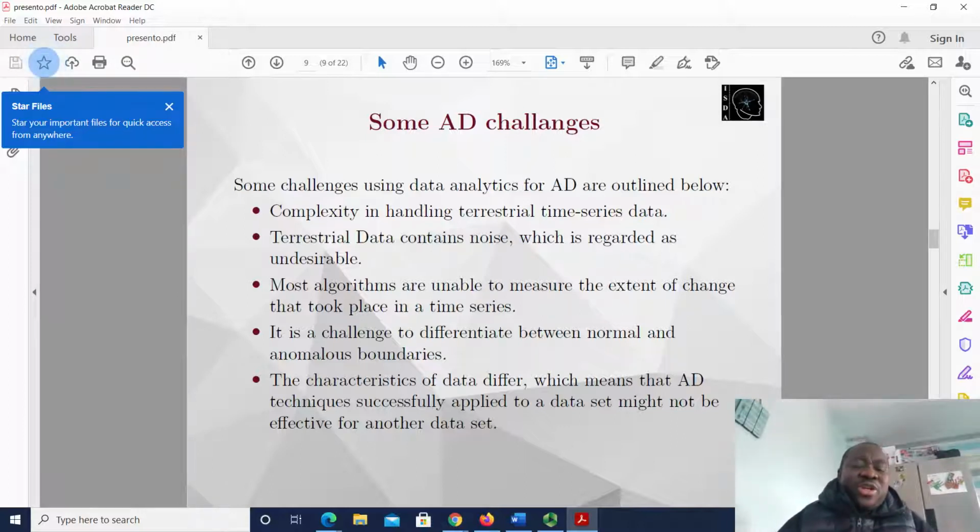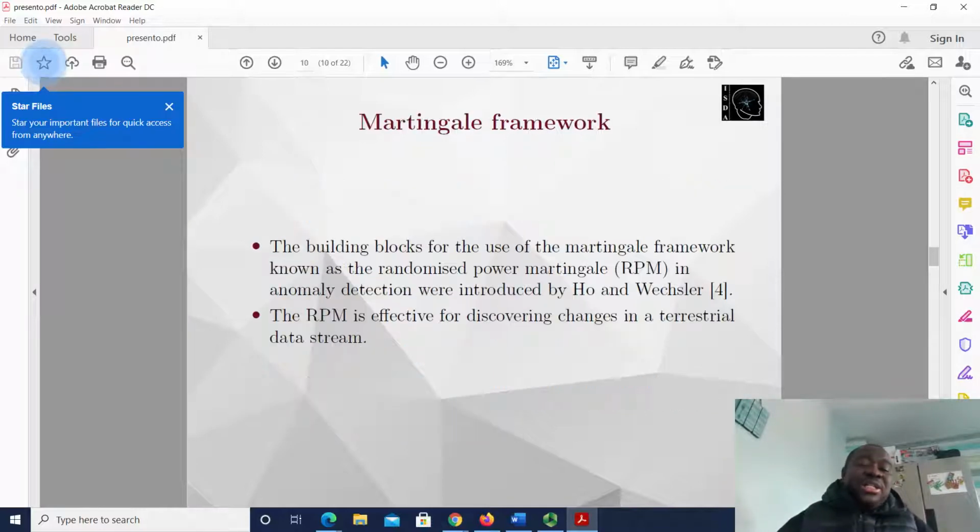It is a challenge to differentiate between normal and abnormal boundaries. The characteristics of data differ, which means that anomaly detection that is applied successfully on one data might not be effective for another data. So it depends on the data set and on how it is being implemented. So those are the challenges of anomaly detection.